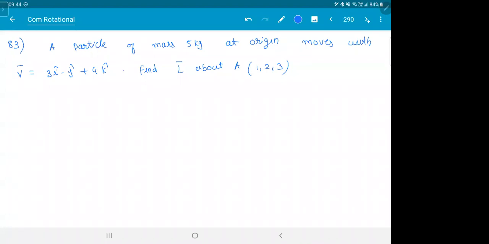So there is a trap. What is R bar? That is a trap. Anyone?